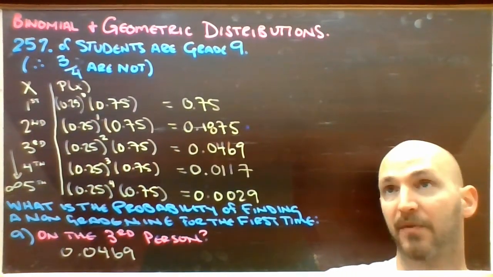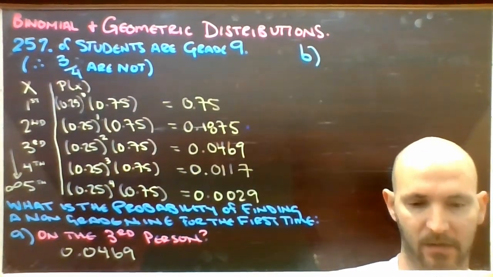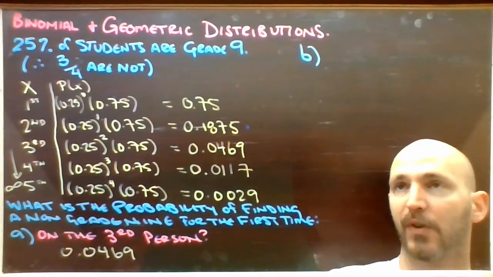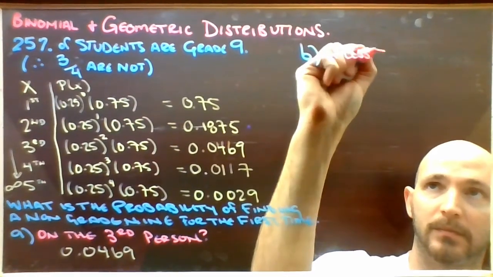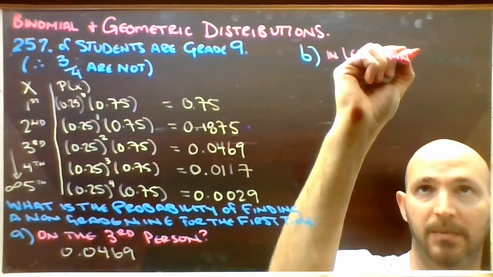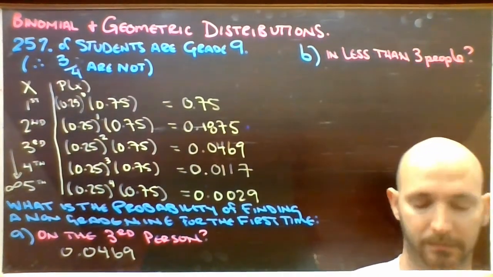The next type of question you might be asked is, what is the probability of finding a non-grade 9 for the first time in less than three people?